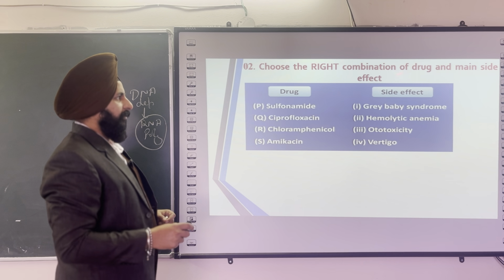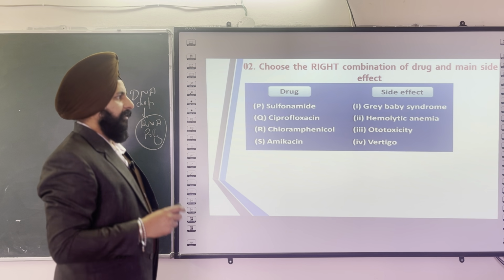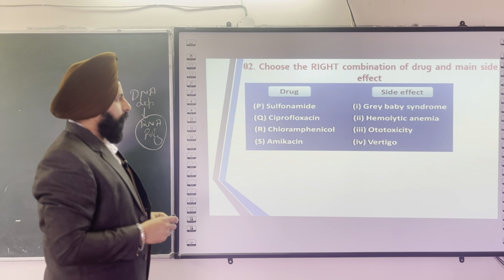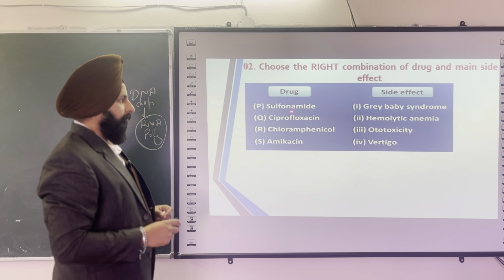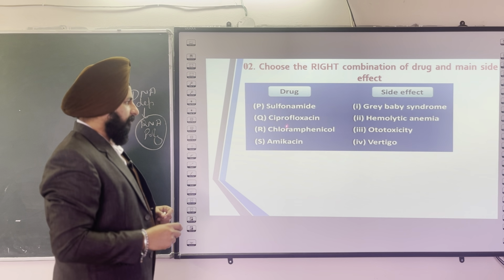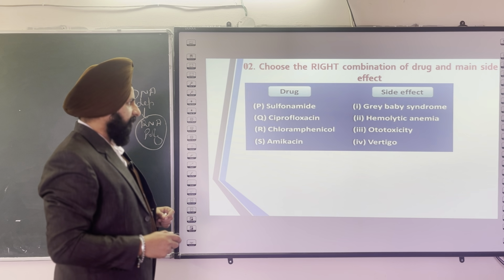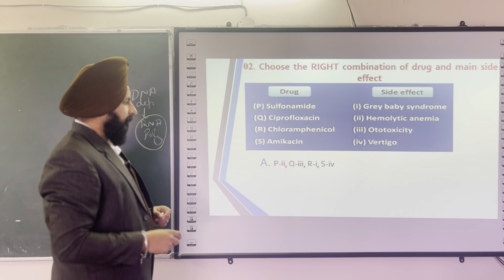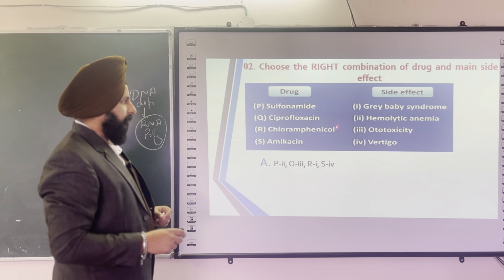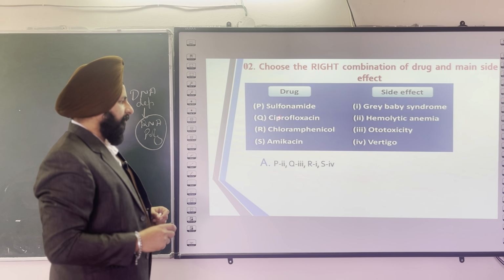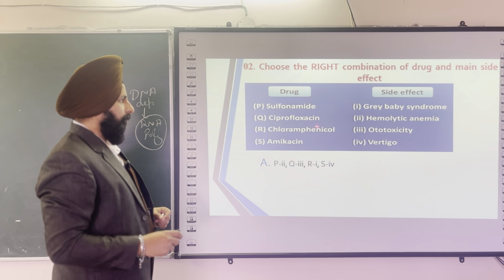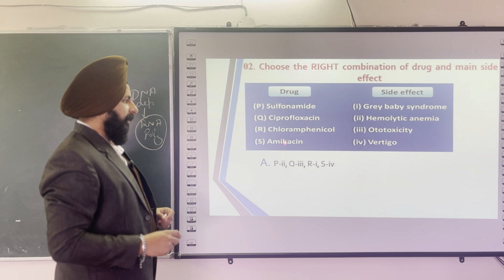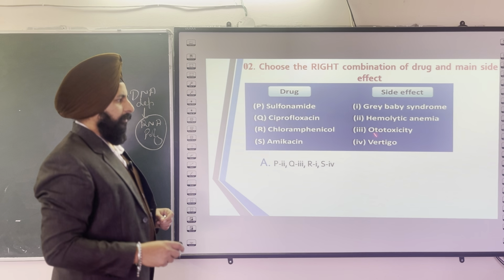choose the right combination of drug and its main side effect. The drugs are sulfonamide, ciprofloxacin, chloramphenicol, amikacin. The first option is: P causes hemolytic anemia, Q causes ototoxicity, R causes Gray baby syndrome, and S causes vertigo.